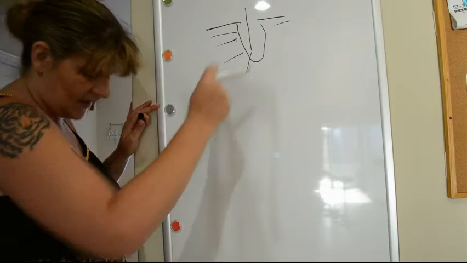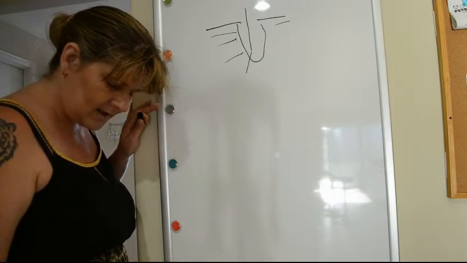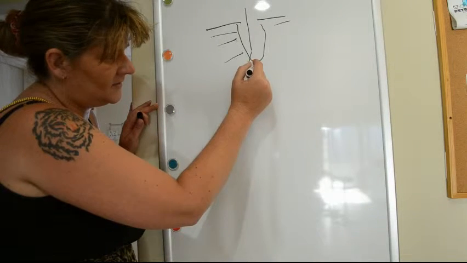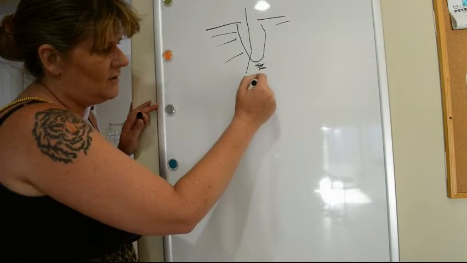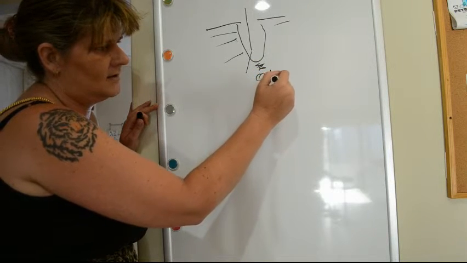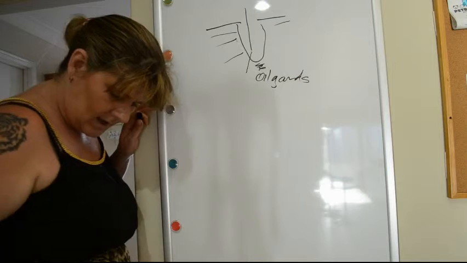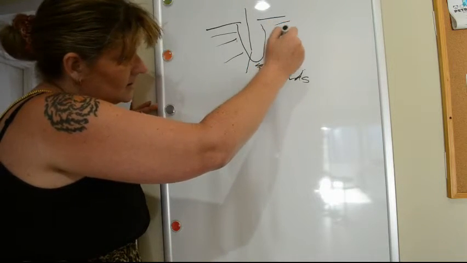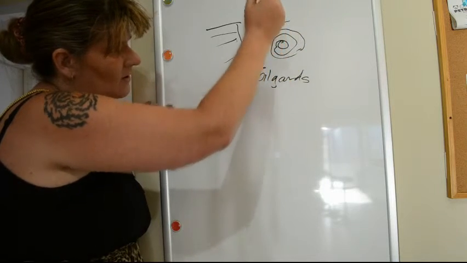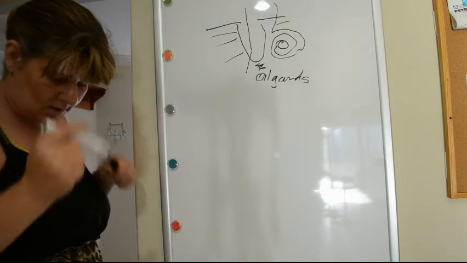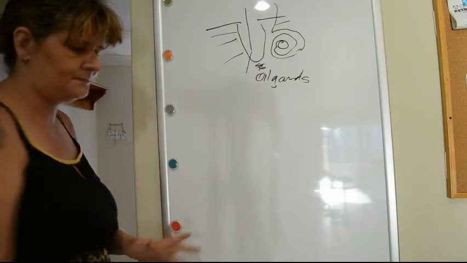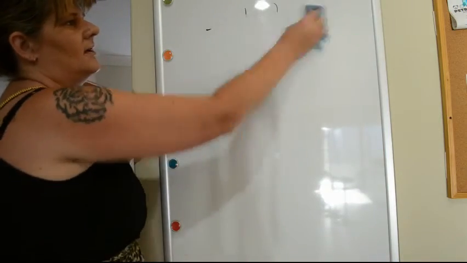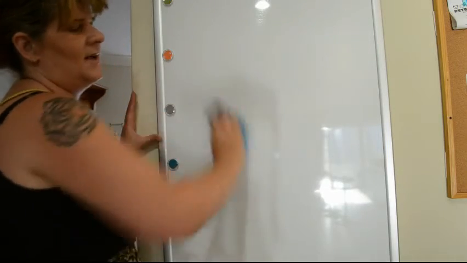This is a part of the hair follicle, the papilla, and then under here, about here, we have oil glands, and over here the squiggly lines would be your sweat glands. So that is a very, very quick, very basic look and a really bad drawing.